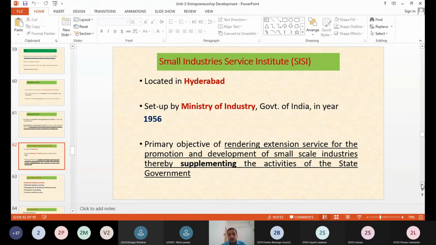The primary objective of this SISI is to render extension services for promotion and development of small scale industries and supplementing the activities of the state government with all these activities which the state government is implementing. Along with that, this extension of services is also provided, like promotion and development of small scale industries.